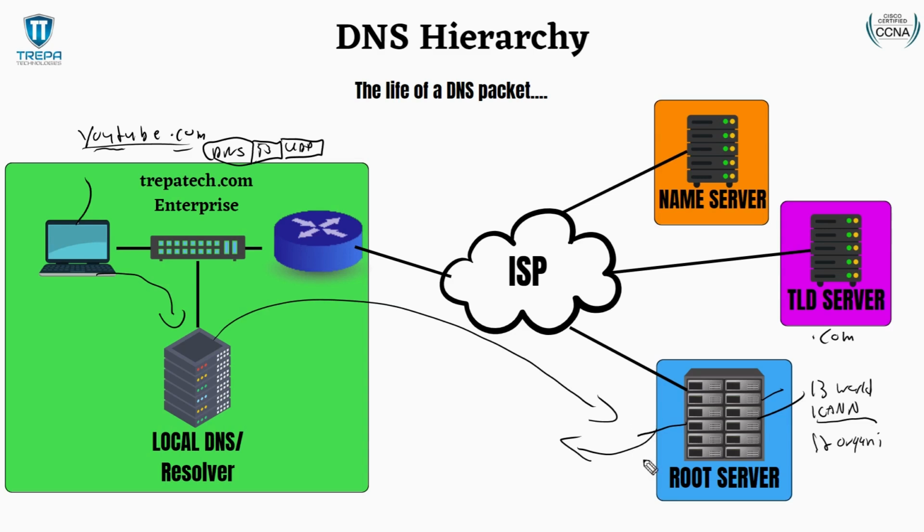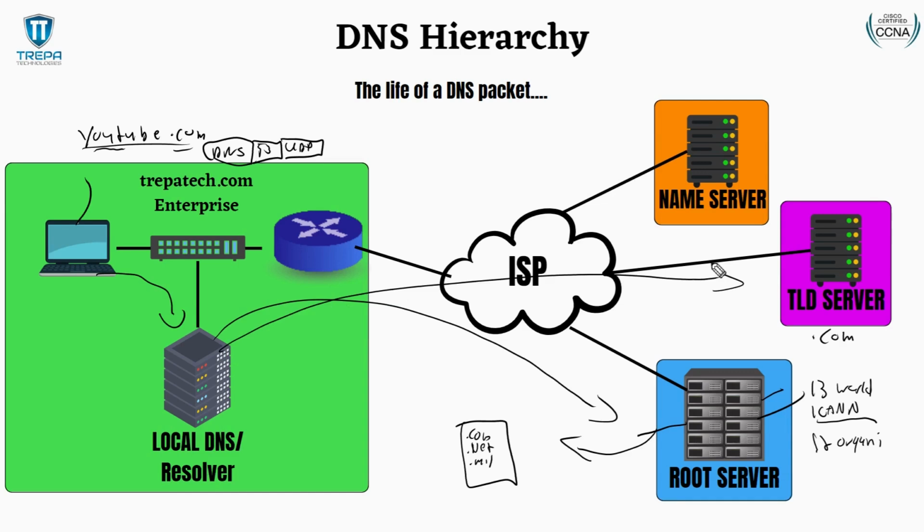So once the root server tells the local DNS, hey, here's a list of all the top level domain servers that I know about, send your request that way. Then this resolver or local DNS is going to reach out to the TLD server and say, hey, I need to know how to resolve youtube.com.